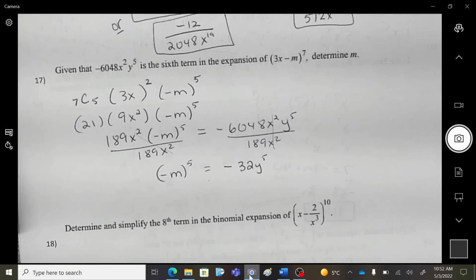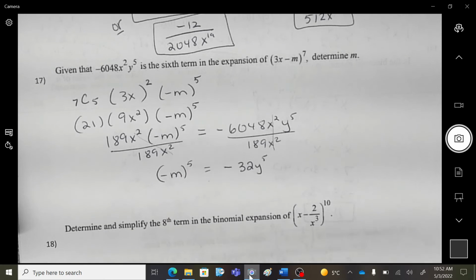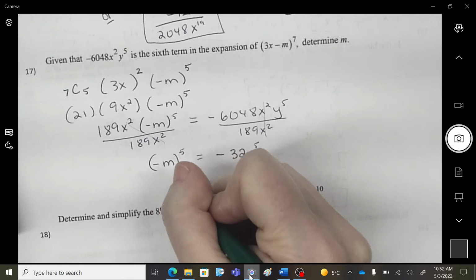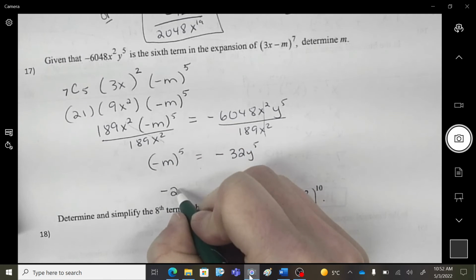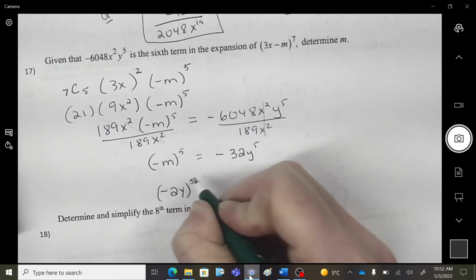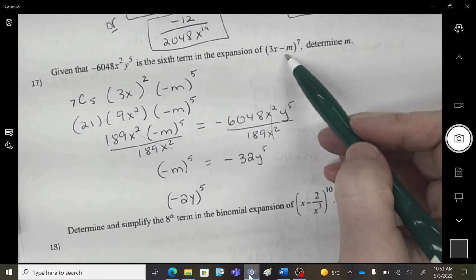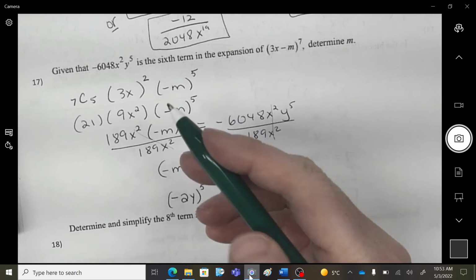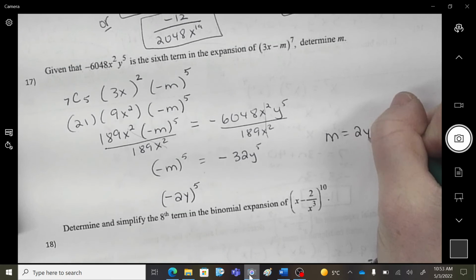Okay, so I need some kind of value to the 5th to turn into 32. So I'm going to need a negative 2y, that would be what I need. But because I'm subtracting that, I would need to say that m equals 2y.